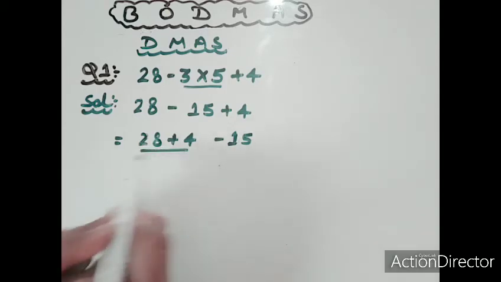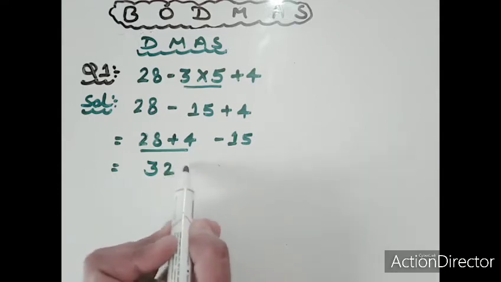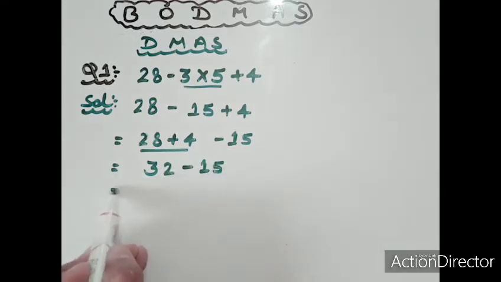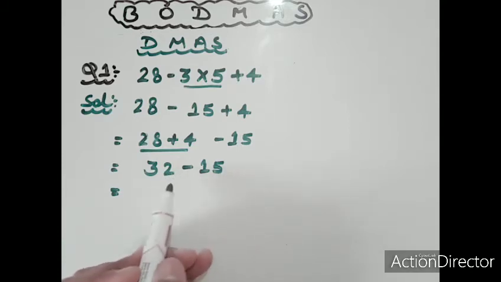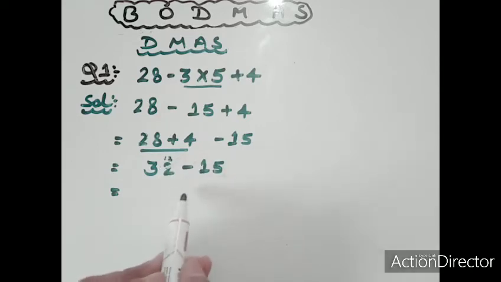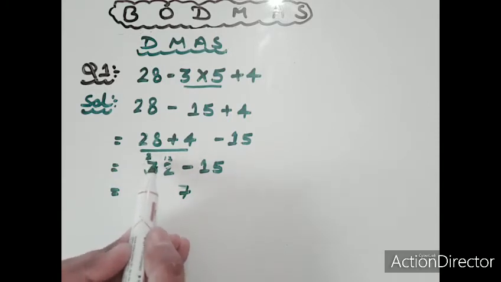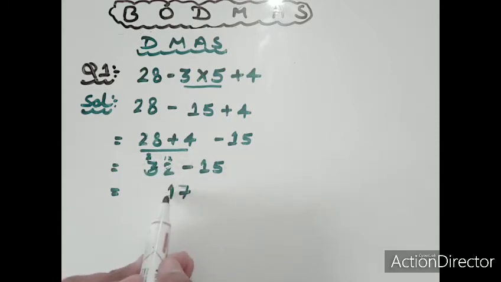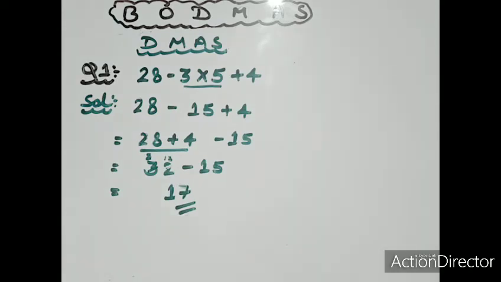First we add these two numbers, 28 plus 4, 32 minus 15. Now we subtract 32 minus 15. When we subtract, we take one carry, and this number changes into 12. 12 minus 5, 7, and 2 minus 1, because 2 is left here. 2 minus 1, 1. So we get 17. When we solve this question, we get 17 as the answer.